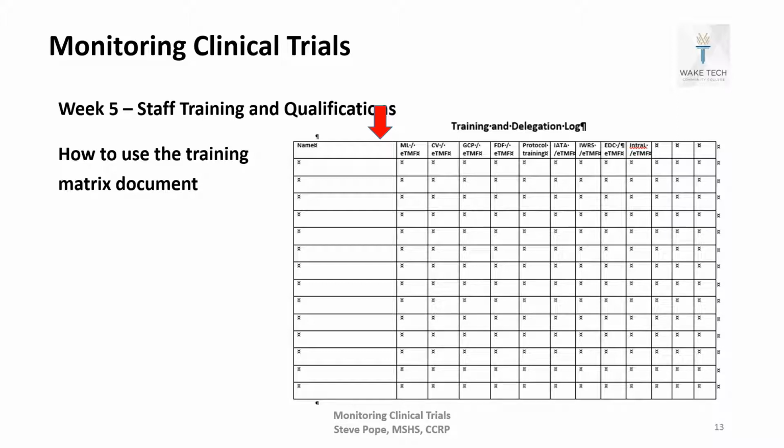So fill this out when you first go to the site, and take it with you on subsequent visits because it's going to change. You're going to add people, people are going to leave. You're going to want to make sure that you verify that you've got each of those documents for everybody that's at the site.